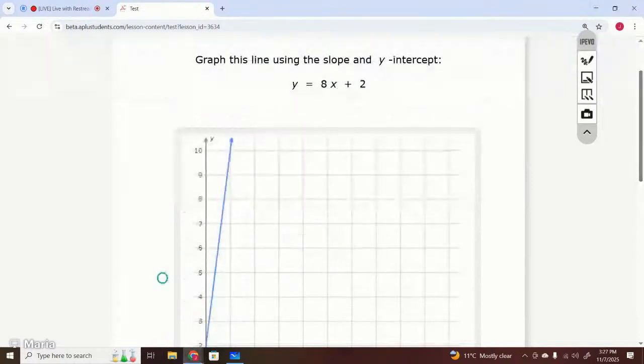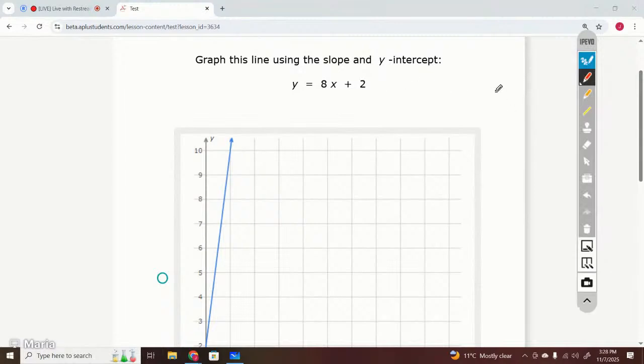Graph the line using the slope and y-intercept. Y equals 8x plus 2. So calculate the points. When x is 0, y is 2.